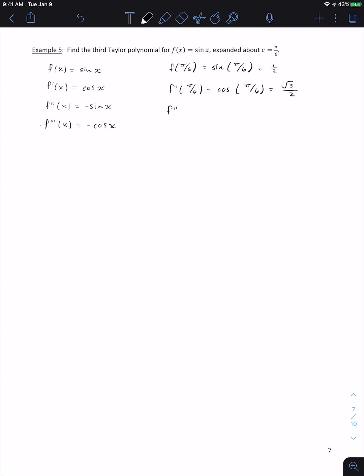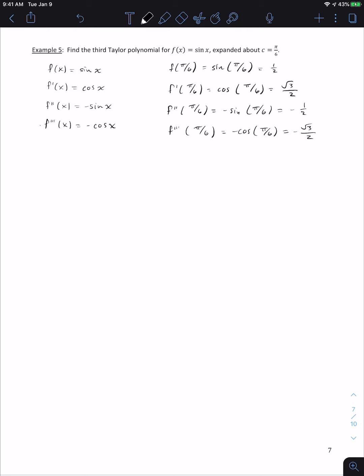And now I need f double prime at pi over 6, which is negative sine at pi over 6, so that's just going to be negative 1/2. And then the third derivative at pi over 6, negative cosine at pi over 6, which is negative radical 3 over 2.